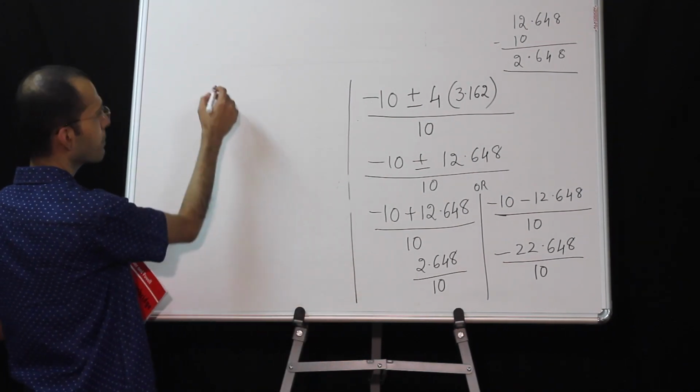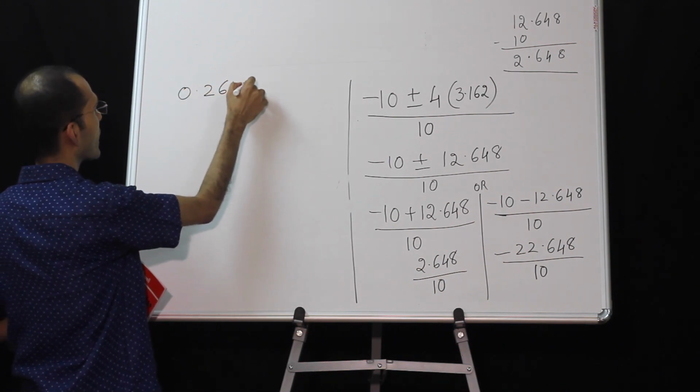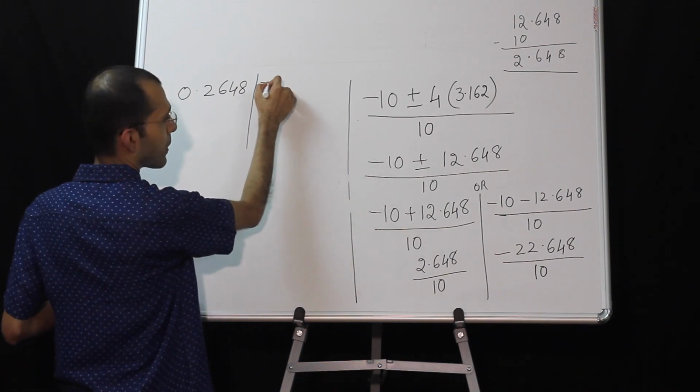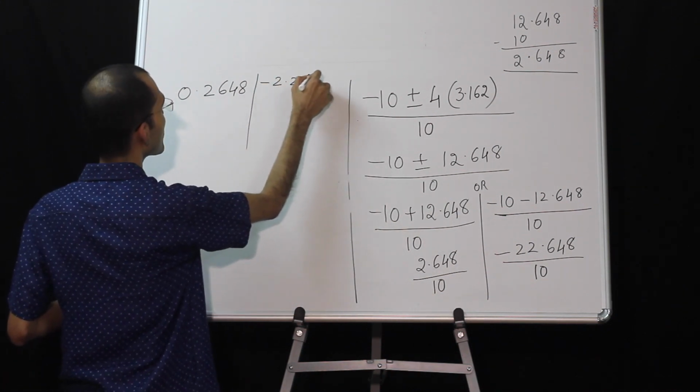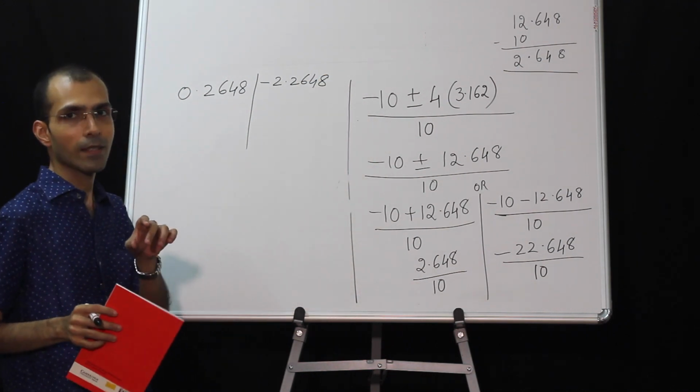Dividing by 10 is simple. This will be 0.2648 or minus 2.2648. We cannot leave the answer like this.